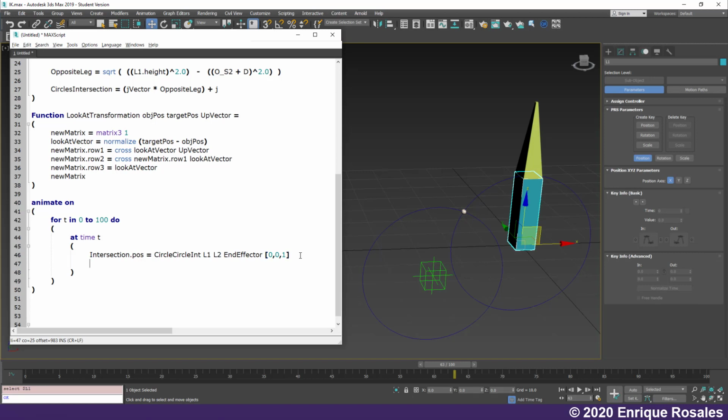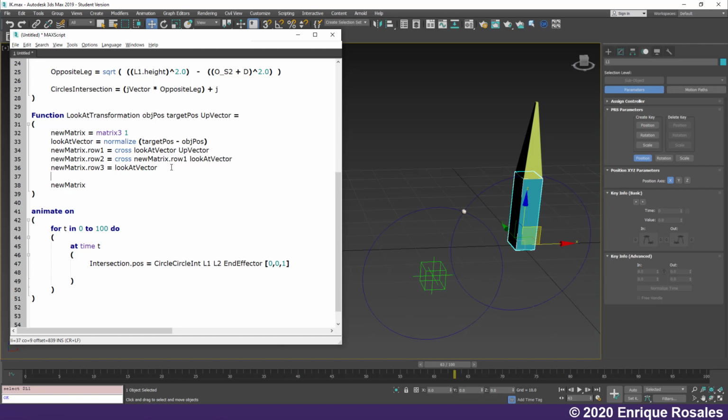So then on the animation, give me a second. We need object position, target position. But we also need to modify. We need to also add the translation, right? Yes. So we need to add the fourth row.